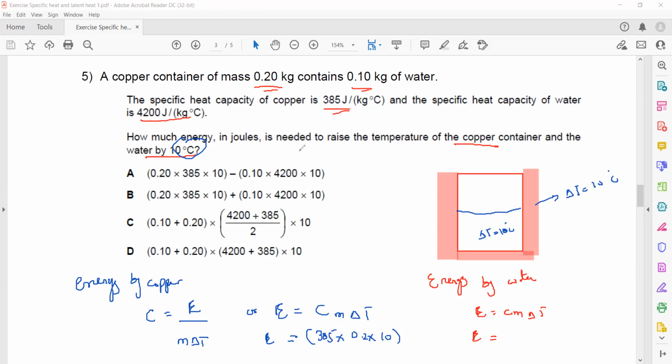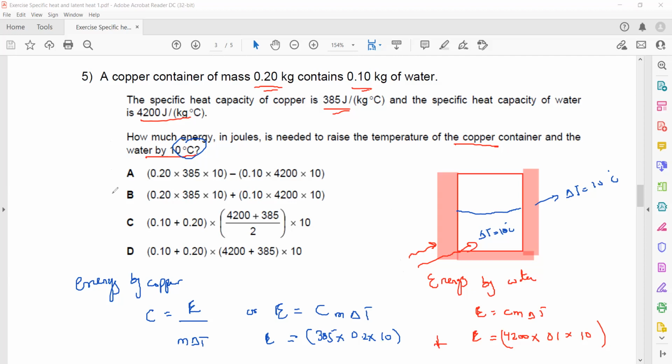So that is 4200 for water multiplied by mass of the water, 0.1, multiplied by temperature change, 10. We want the total energy needed to change the temperature of the water and the copper by 10 degree, so we will add them. So 385 into 0.2 into 10 plus 4200 into 0.1 into 10.